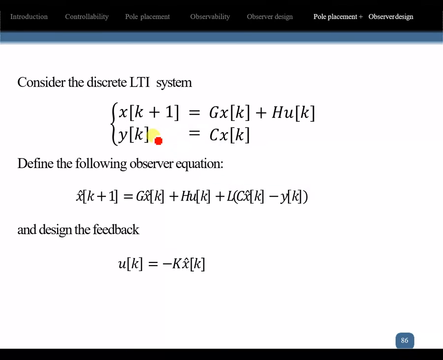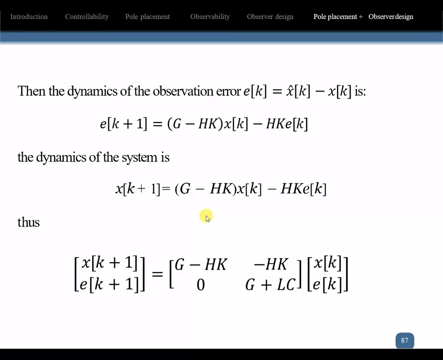Now consider you have this system, and define the following observer equation for x hat(k), and design the feedback u(k) equal to minus K x hat(k). Then the dynamic of the observation error, with e(k) equal to x hat(k) minus x(k), e(k+1), can easily be found.